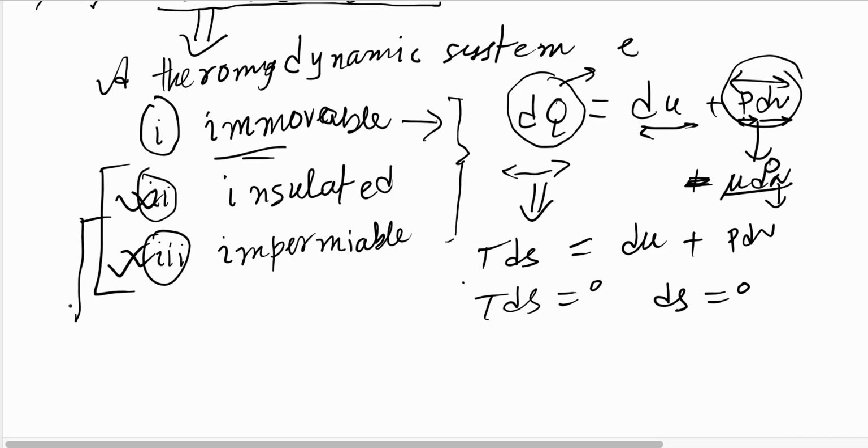But if the wall does not have the immovable property, that is, the wall can move, then this P dV can change.